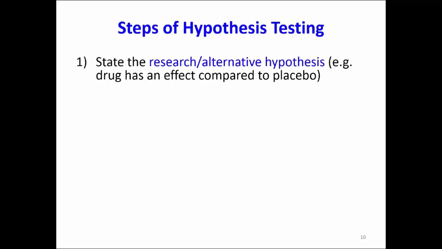First, you need to state your research hypothesis, the thing you want to prove to be true. We call that the research or alternative hypothesis. For example, you want to prove a drug has a certain beneficial effect compared to a placebo.